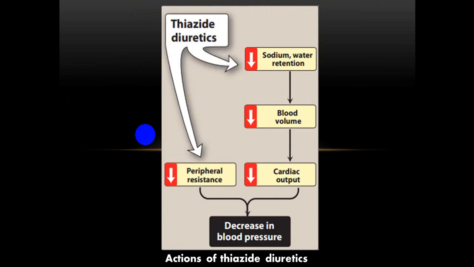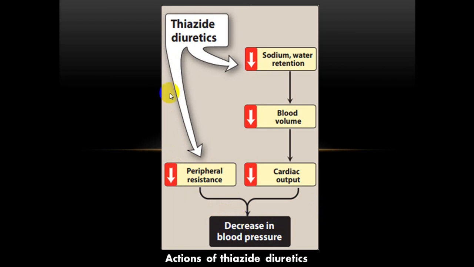These are the actions of thiazide diuretics: decreased sodium and water retention. This will lead to decreased blood volume, and this of course leads to decreased cardiac output. Another mechanism of thiazide diuretics, with long-standing use, leads to decreased peripheral resistance, because of decreased vasoconstriction capacity of certain substances, and this of course leads to the decrease in the blood pressure.